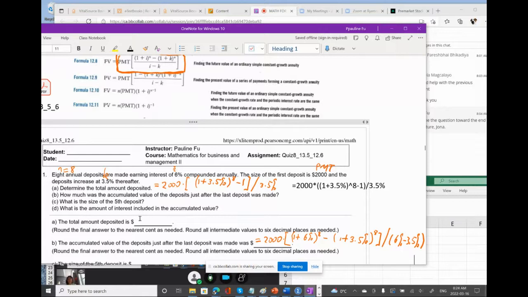So this is the answer. Plug in the numbers for question B.